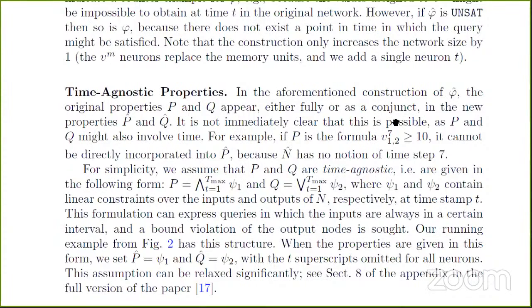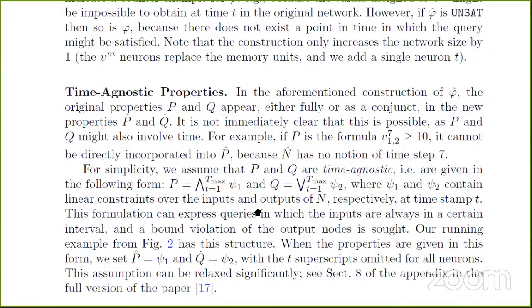So what they are saying is that for simplicity they have assumed that P and Q are time agnostic. That is, they are given in the form that P will be a conjunct for all time units and Q will be a disjunct for all time units, where psi1 and psi2 contain linear constraints over the inputs and outputs of n respectively at time t.